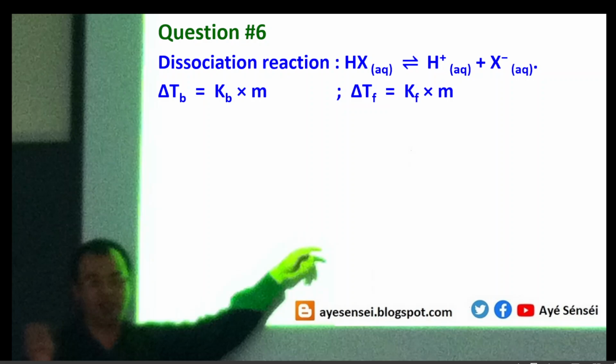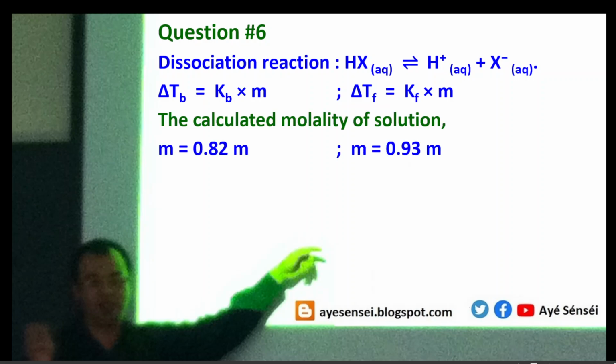From the question, from the boiling point calculation, the molality is 0.82, and from the freezing point calculation, the obtained value is 0.93. So, there's a little inconsistency here.